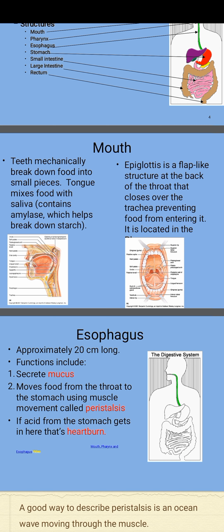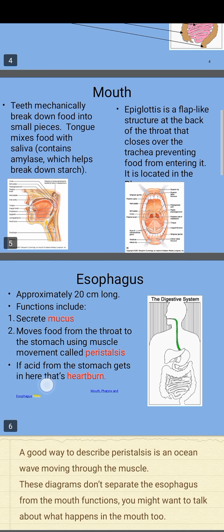Going to the next part, from the mouth, food goes to the esophagus, approximately 20 centimeters long. Its functions include: first, secrete mucus; second, move food from the throat to the stomach using muscle movement called peristalsis.